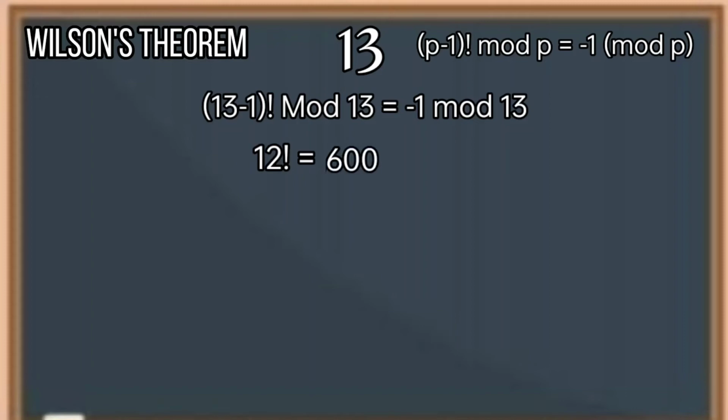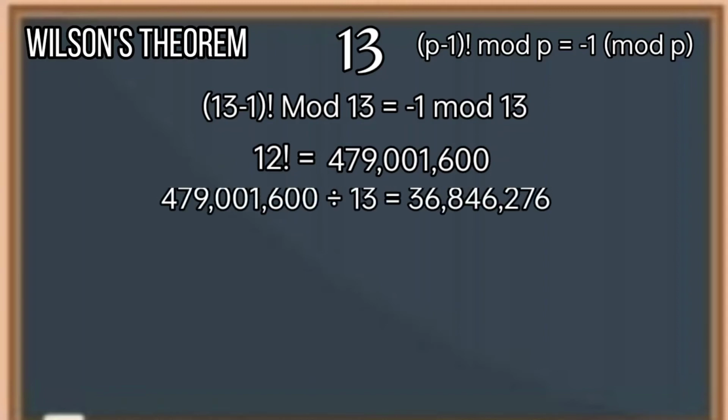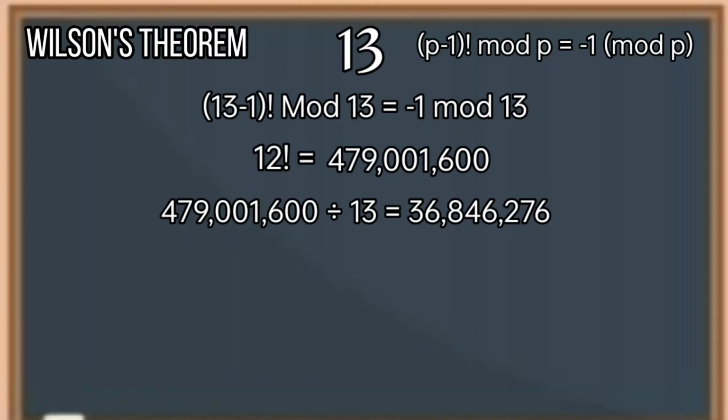And 12 factorial is equal to 479,001,600. modulo 13, or divide it by 13. 479,001,600 divided by 13 is equal to 36,846,276. And the remainder here is 12. So 12 is equal to negative 1 modulo 13.